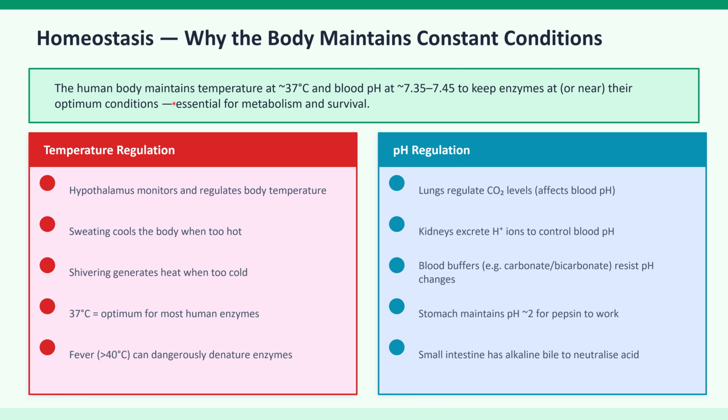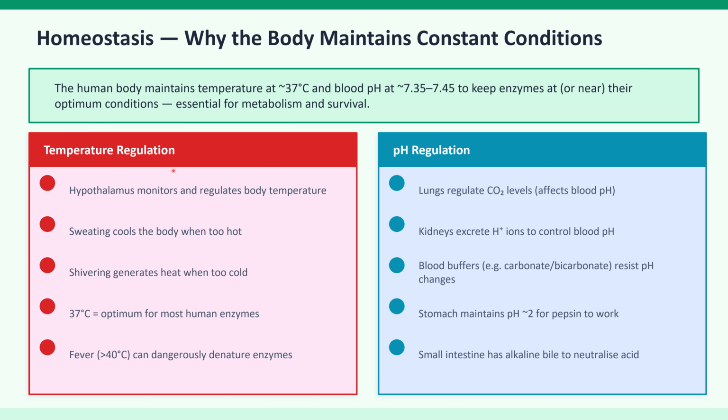The human body maintains temperature at 37 degrees centigrade and blood pH at 7.35 to 7.45 to keep enzymes at their optimum conditions, essential for metabolism and survival. If these levels drift too far, our metabolism fails and survival is at risk.